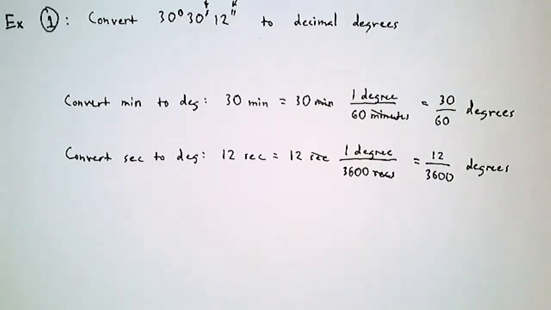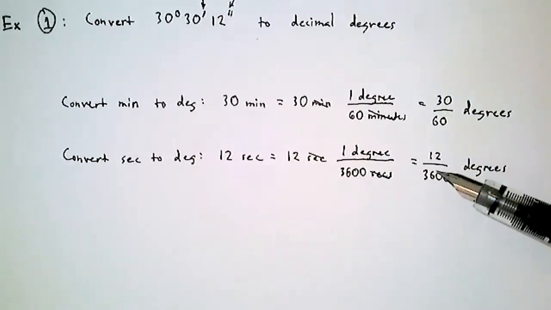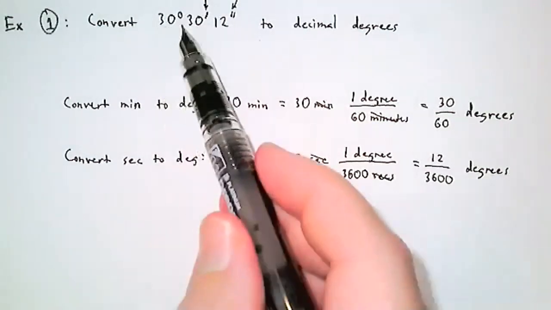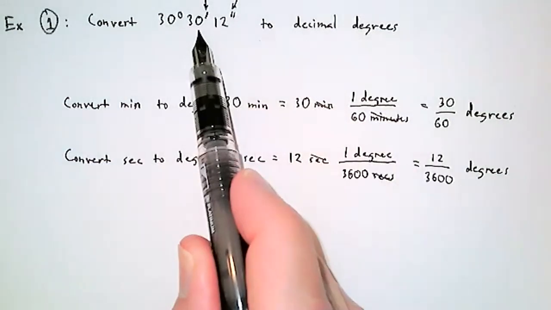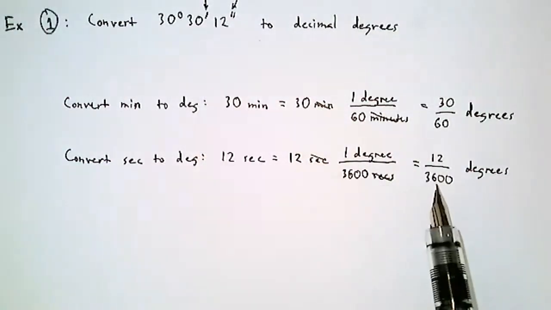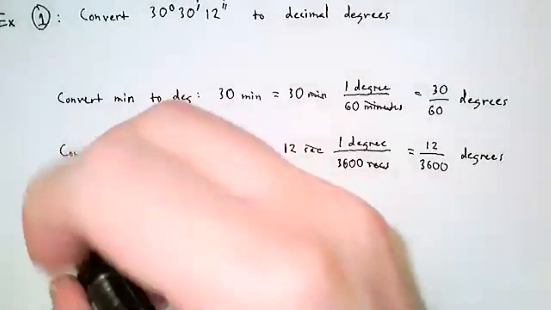Okay, and we're pretty much done. We just have to add these two fractions to our 30 degrees. So we have 30 degrees, and then we need to add 30/60 degrees for our 30 minutes. And then we need to add 12 over 3,600 degrees for our 12 seconds.